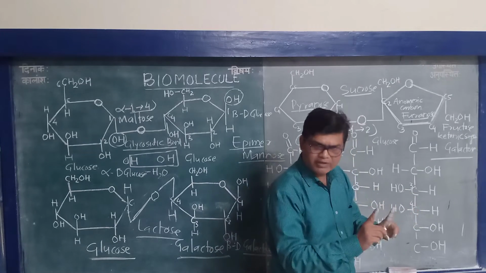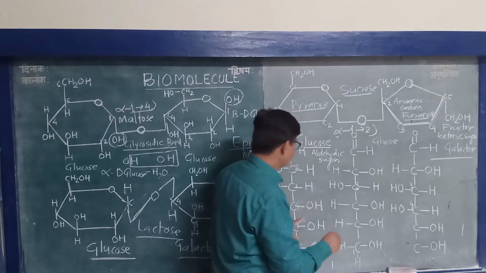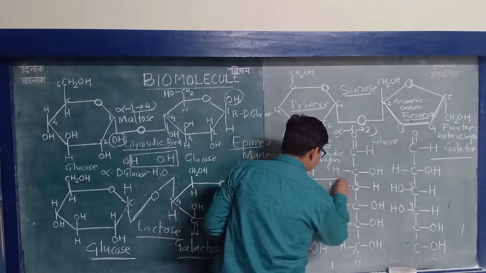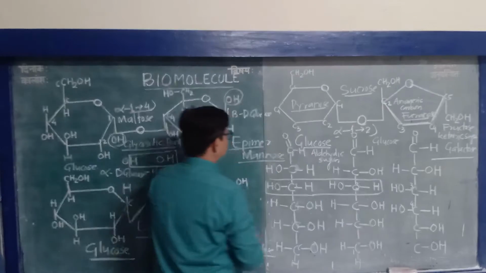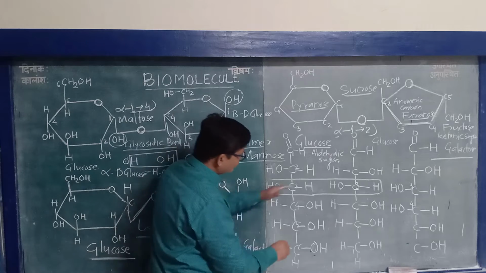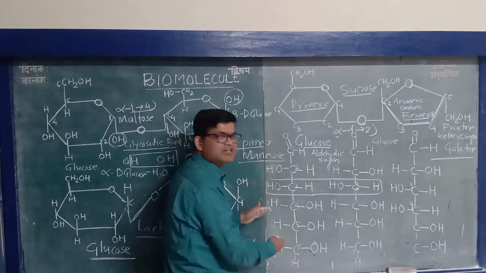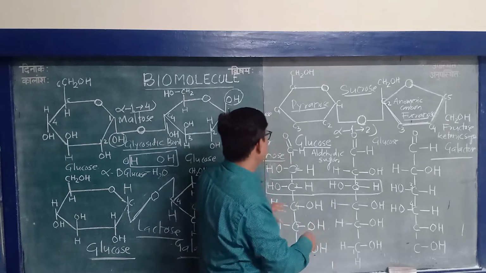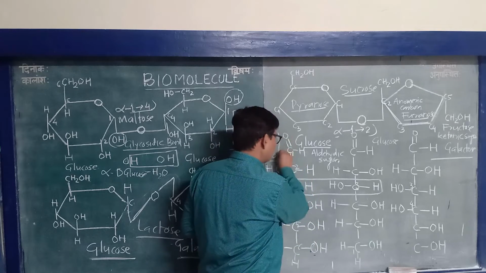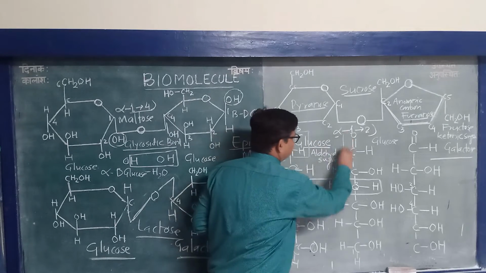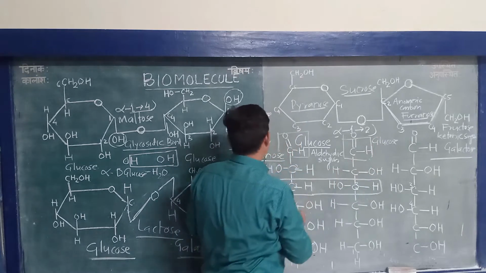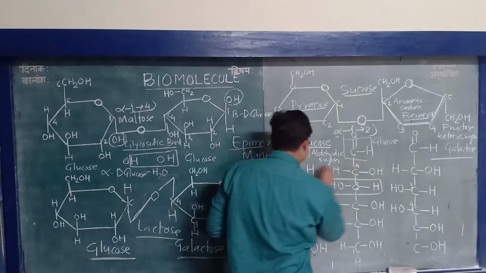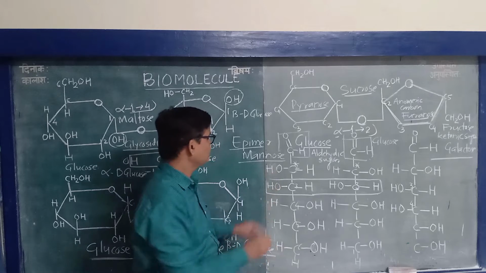If you compare one by one with glucose, you will find at every point, suppose I am taking carbon number 3 in case of glucose and galactose, and the rest, you will find the similar structure is present. The position of the hydroxy group, the position of hydrogen, and the aldehyde group already present at carbon number 1 in case of glucose and mannose. But if you see at carbon number 2, there is a difference in the position of the hydroxy group.